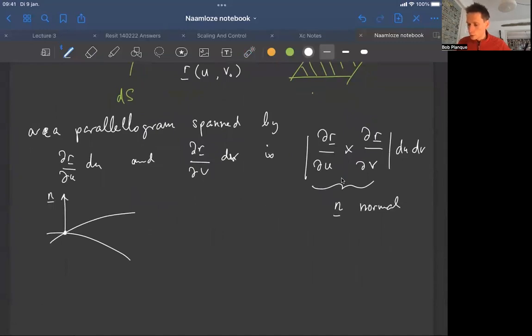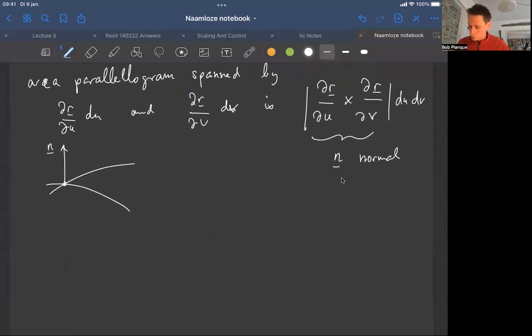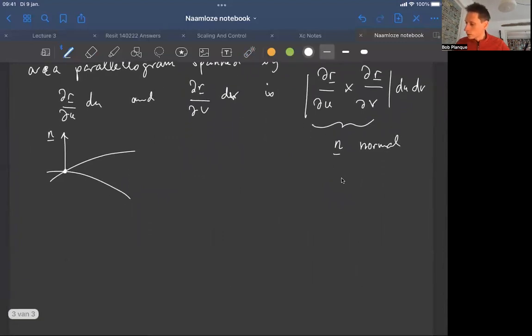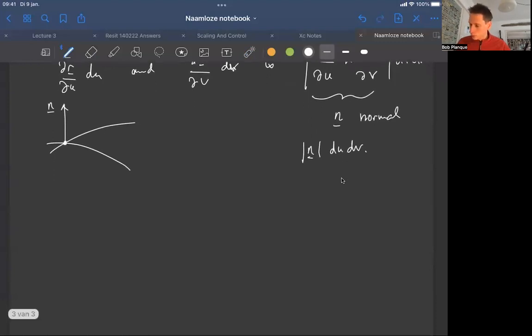Here is my normal vector, which I also compute with the same cross product. So in a way, what I've written here is the length of n, the normal vector, times du dv. All right.